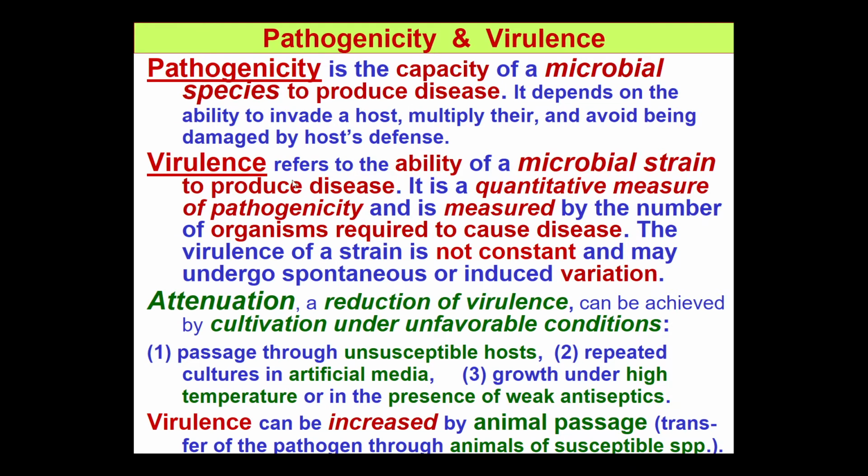It means virulence is the measure of pathogenicity, quantitative, it may be measured, and is measured by the number of organisms required to cause disease. It means virulence is measured as the number of microbes required to cause disease in the host. The virulence of a strain is not constant and may undergo spontaneous or induced variations.